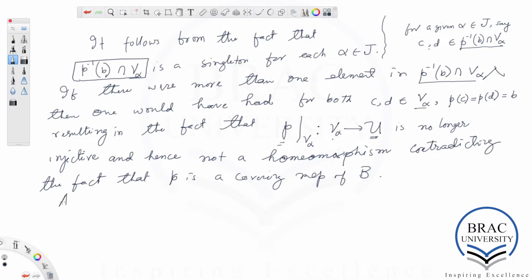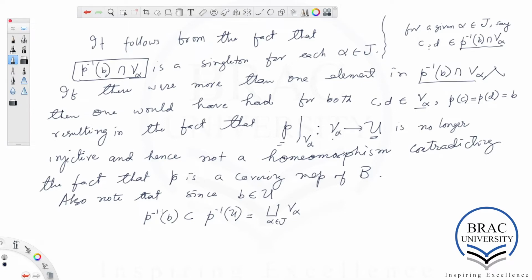Also note that since b is an element of the open set U, the inverse image of b under P has to be contained in P inverse U, and P inverse U is a disjoint union of these open sets V alpha, right?